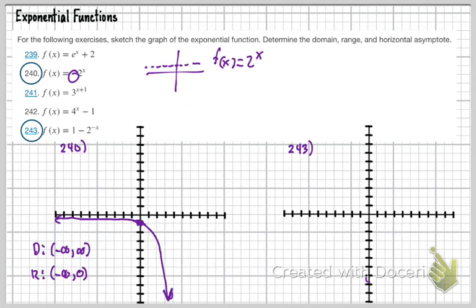Now remember, it went this way to begin with. But since the x is negated, it's going to go this way. So that's what we're actually looking at here as we go through all of those transformations. Now again, in the future we'll have to describe that transformation. So now if I look at this graph, it's going to go through 0, 0.